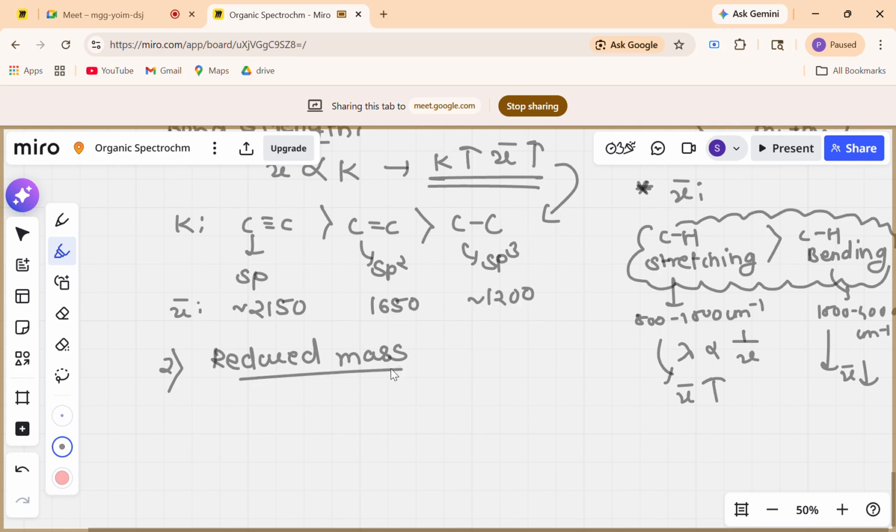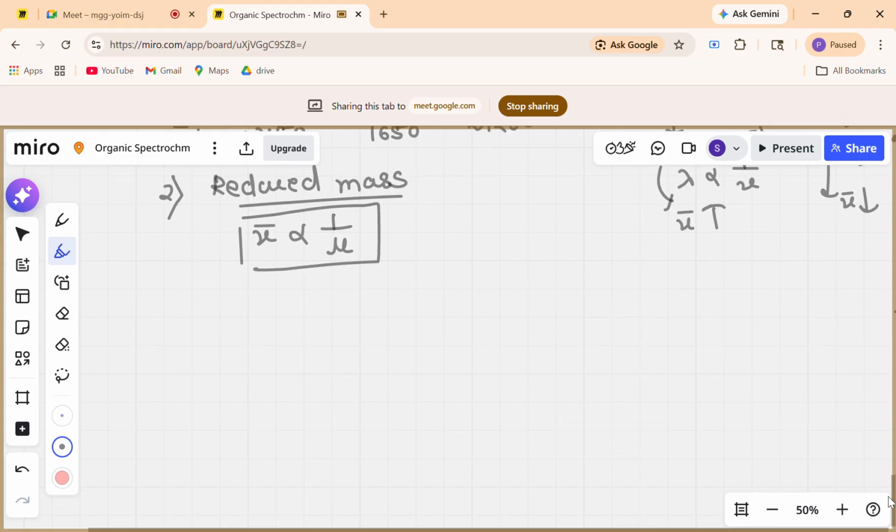Now let us consider the second factor. First we talked about bond strength, and from the formula itself, the reduced mass can also affect your stretching frequency. The stretching frequency is inversely proportional to your reduced mass. Let us consider the example of carbon chlorine, carbon bromine and carbon iodine.